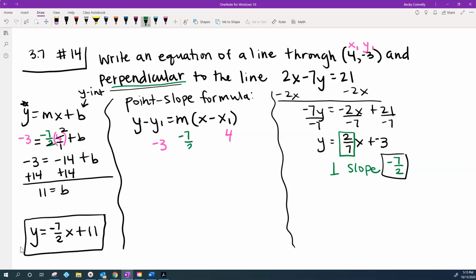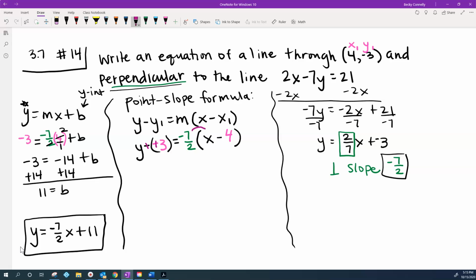So I really have y minus a negative 3 equals -7/2 times (x - 4). And so now I can go ahead and simplify this and get it into slope-intercept form, and then I'll have my answer. So here, subtracting a negative is really adding, so I'm going to change that.